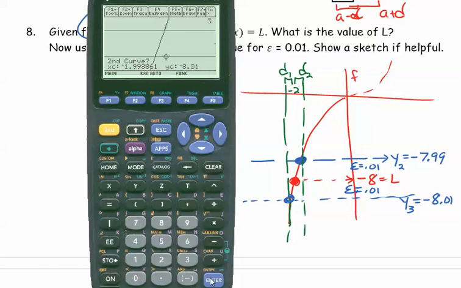So once you use your up-down arrows to get it to show 3, then hit enter, and move the cursor to the left of your lower bound of your intersection, and move the cursor to an upper bound around the intersection, and then we'll come up with our second boundary here. This is the x coordinate of the other intersection. So I'm going to transfer that to my paper, and I'll have two different values of delta.